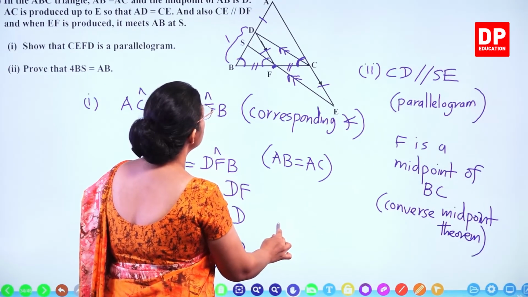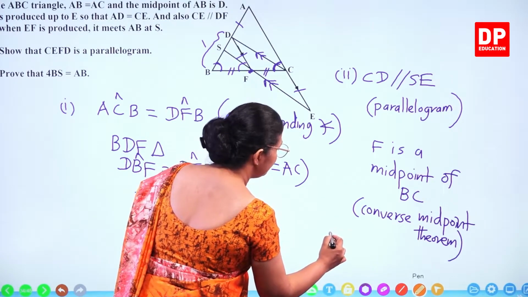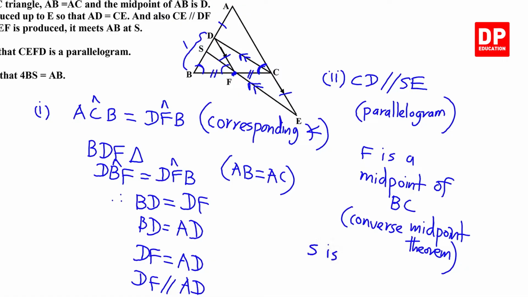So you can use the same thing and say S is the midpoint of BD. Why?